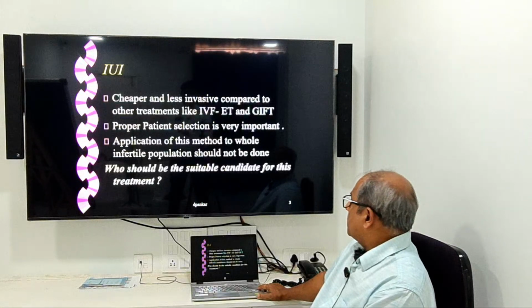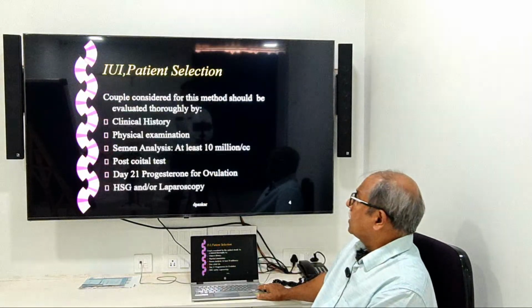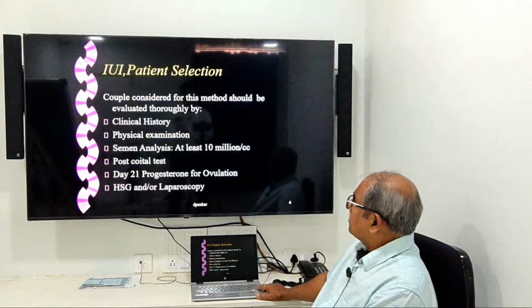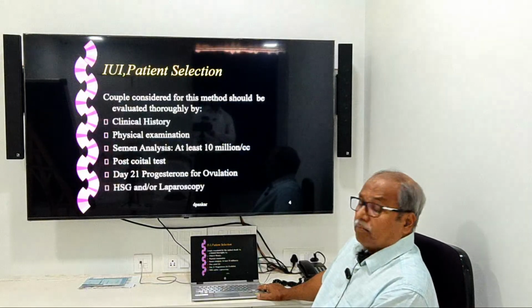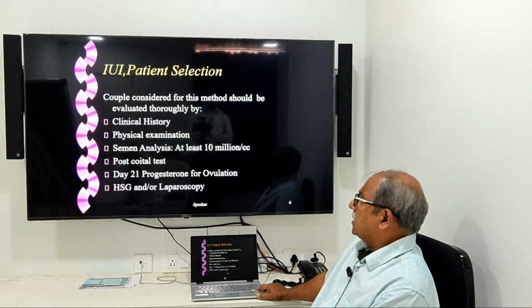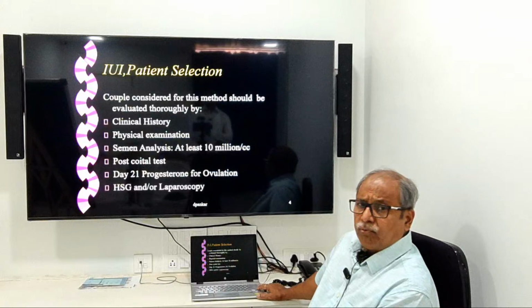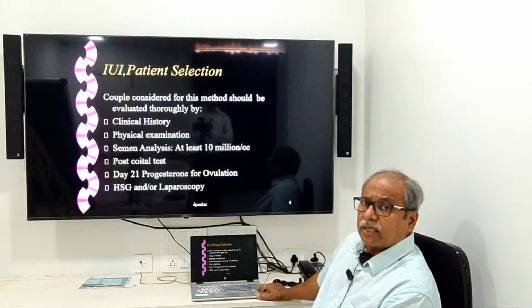Who should be suitable candidates for this treatment? This is a very important question. Couples considered for this method should be evaluated thoroughly by clinical history, physical examination, and semen analysis. Again, if there is a very poor sperm count, please don't go for IUI. If there is severe oligoteratozoospermia, IUI won't work.